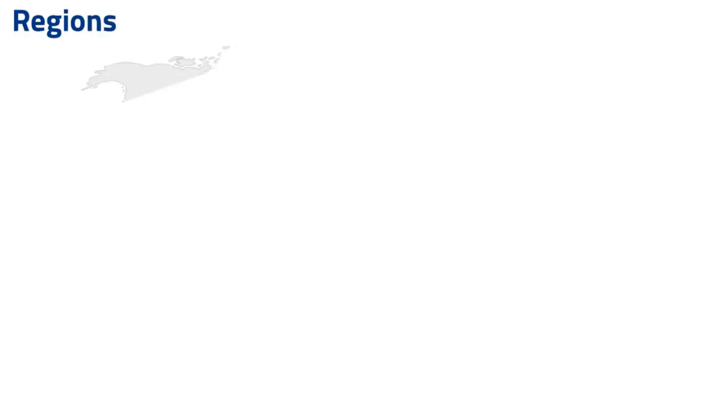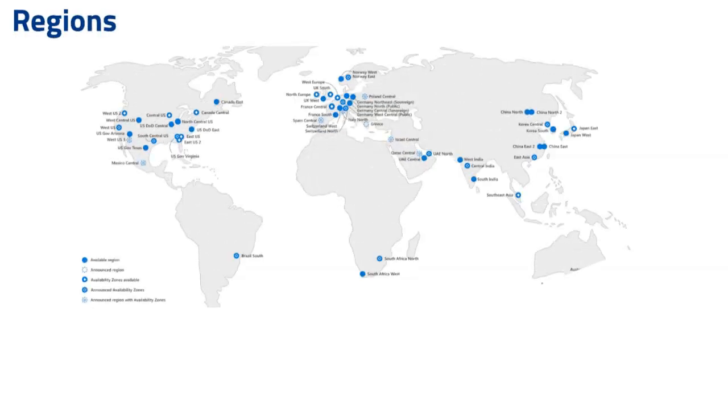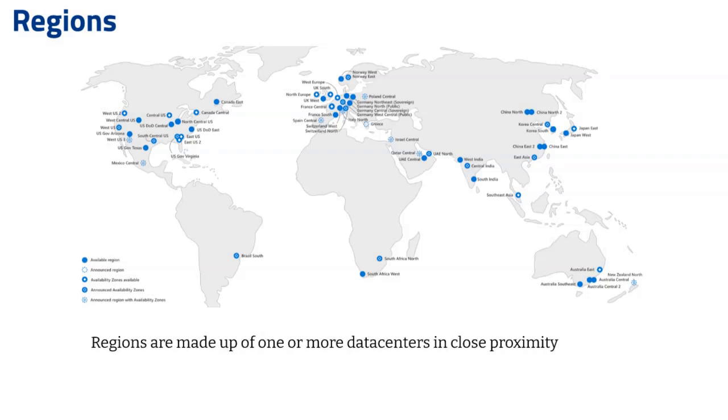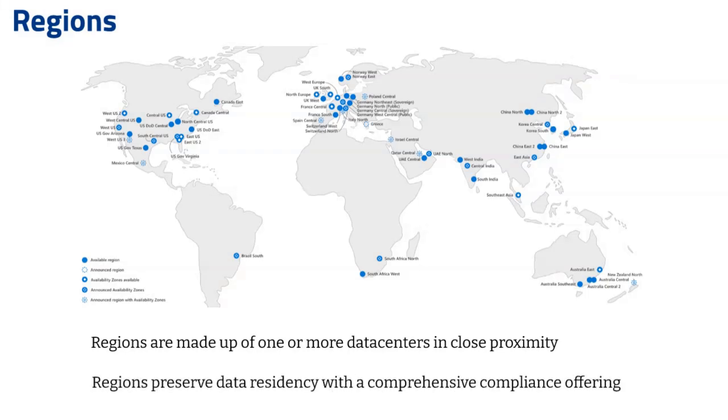A region is a geographical area on the planet that consists of at least one but potentially multiple data centers that are nearby and networked together with a low latency network. Azure intelligently assigns and controls the resources within each region to ensure workloads are appropriately balanced. When you deploy a resource in Azure, you will often need to choose the region where you want your resource deployed.